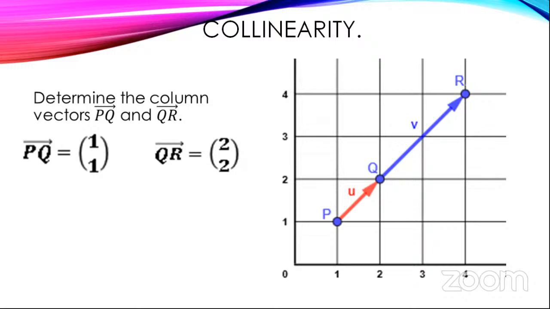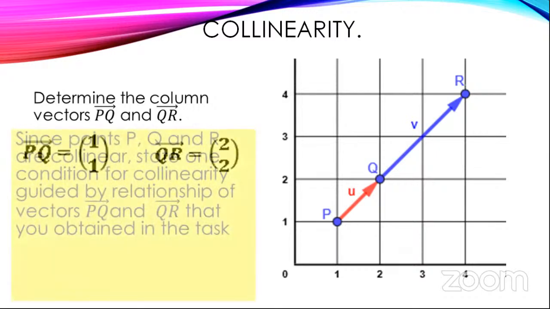All right. So I like the statement that someone made earlier that there is a common point Q. Very good. I'm also loving the fact that one person shared that QR is twice the vector PQ, or the vector PQ is half that of QR. So here's some points we want you to note, students.